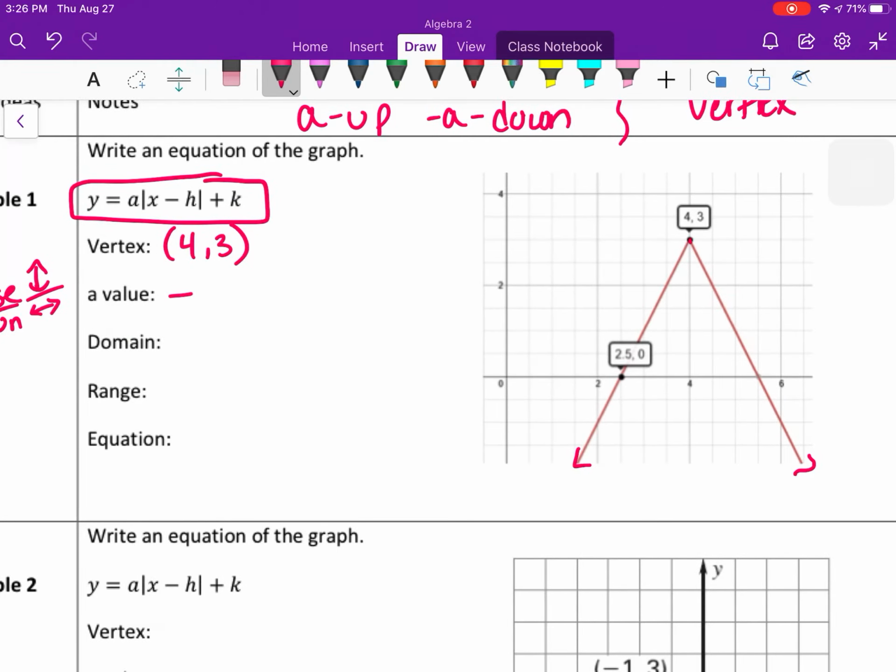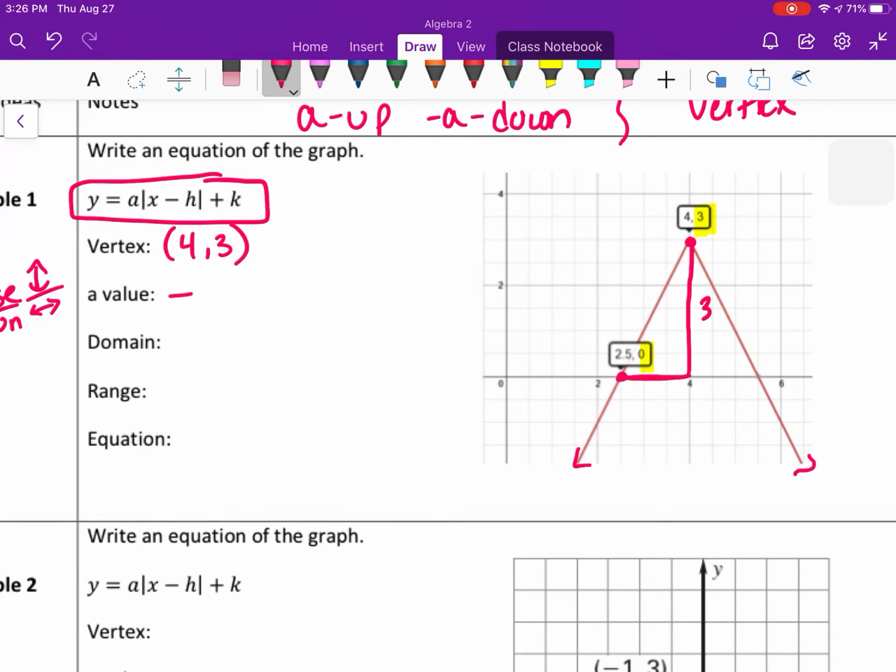So find 2 points, which we've identified, 4, 3, and 2.5, 0, and find the change in the Y value over the change in the X value. From the Y values, we are going from 0 to 3, so this is a rise of 3.